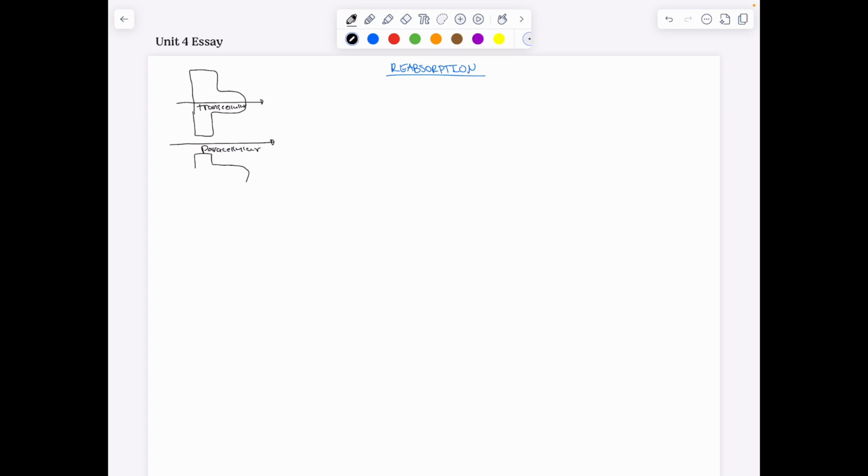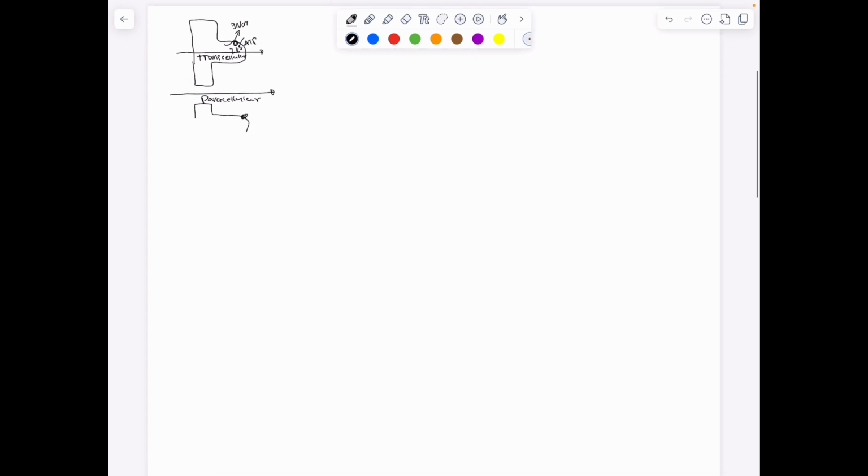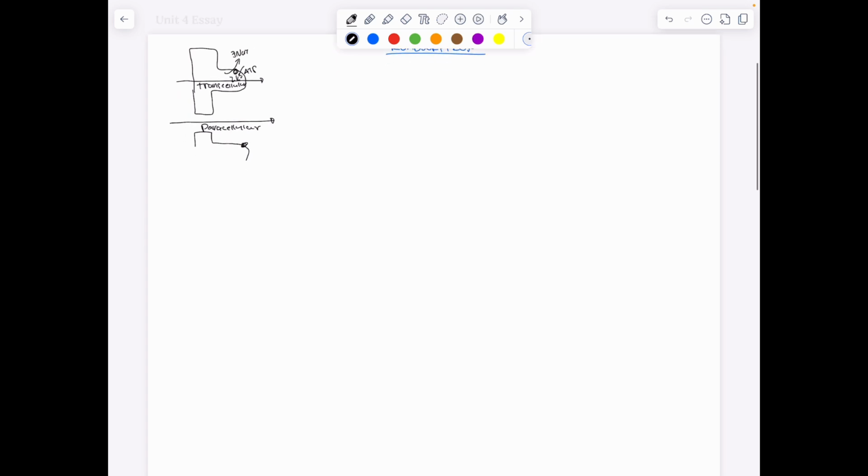And another important thing with all these cells is we're going to have this very crucial pump that pumps out 3 sodiums and 2 potassiums with ATP. And so we're going to have that on all these cells. To get into the specifics of what's happening during the tubule, we're going to start with the proximal convoluted tubule.